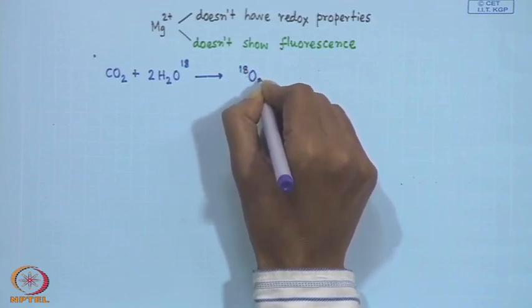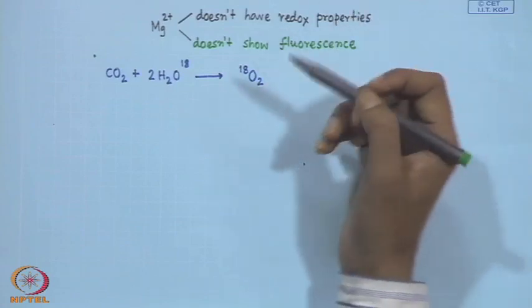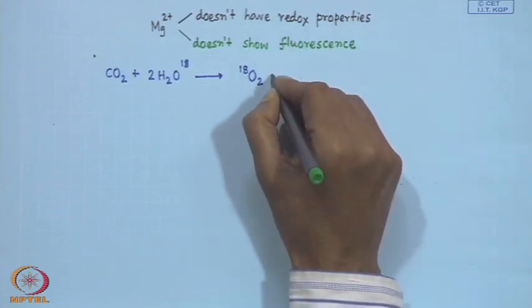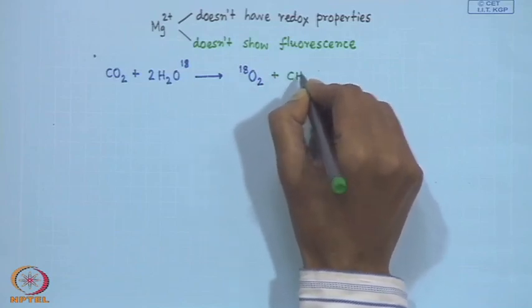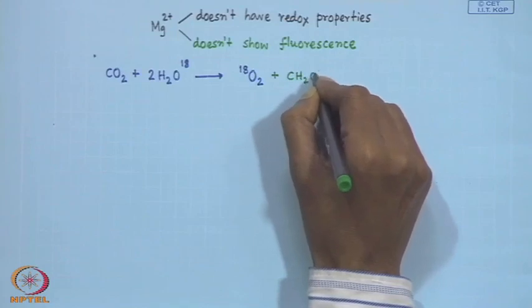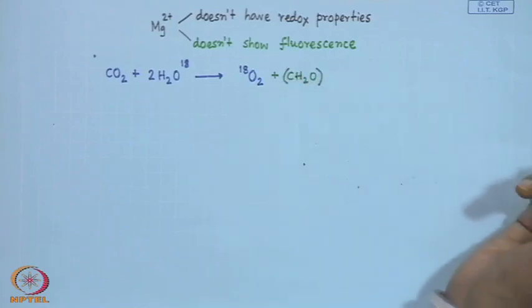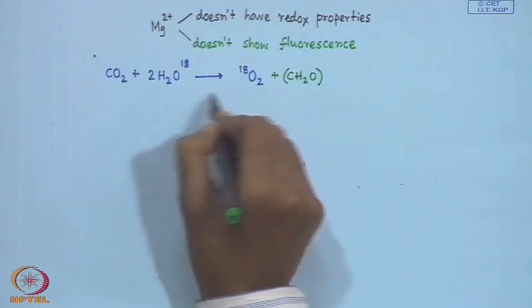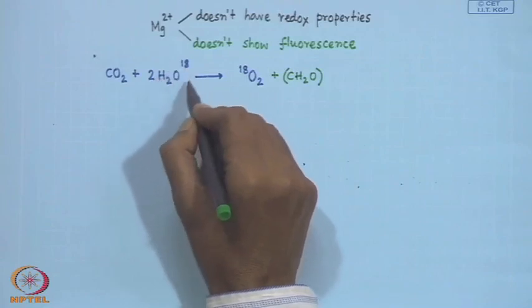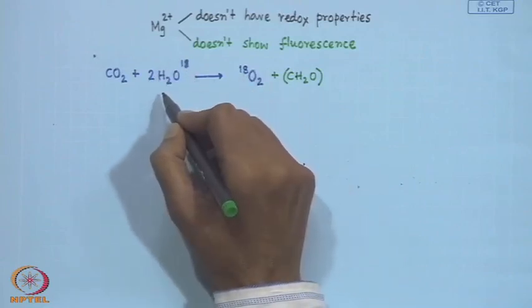So, entirely all the dioxygen molecules coming out from the system should be labeled, and we can go for the reduced form of carbon dioxide. If we get this, that means we are entirely getting this dioxygen molecule from the water.